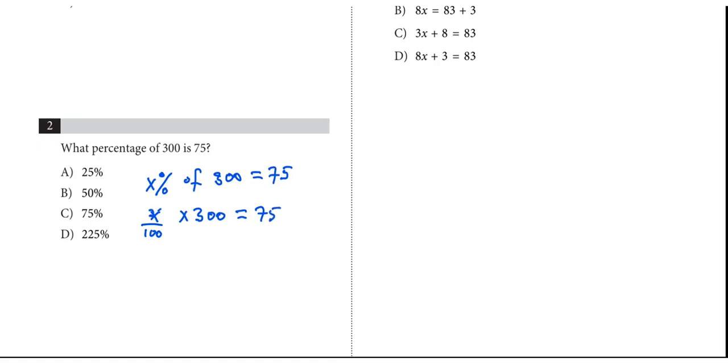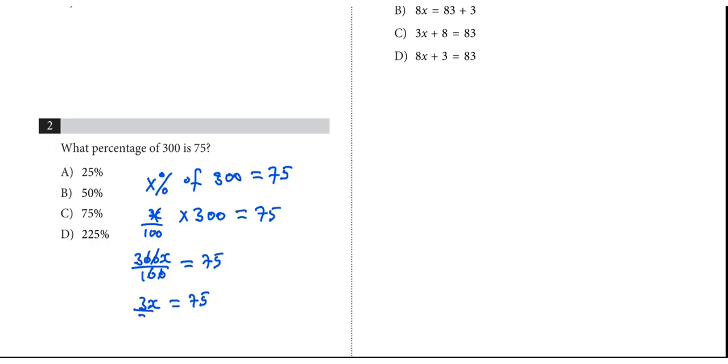So x times 300 is 300x. So 300x over 100 is equal to 75. And this 0 can cancel this 0 from here, and this 0 can also cancel this. So we now have 3x is equal to 75.